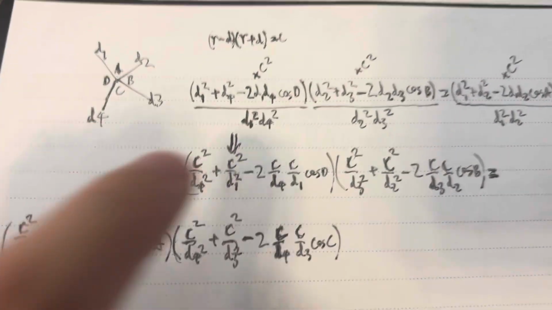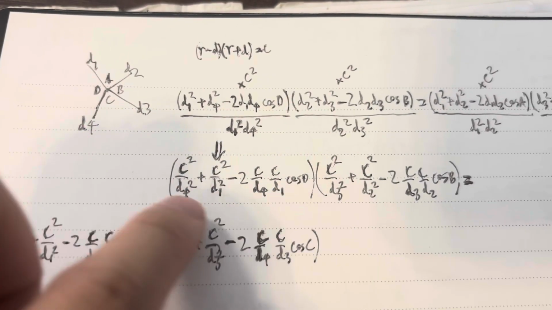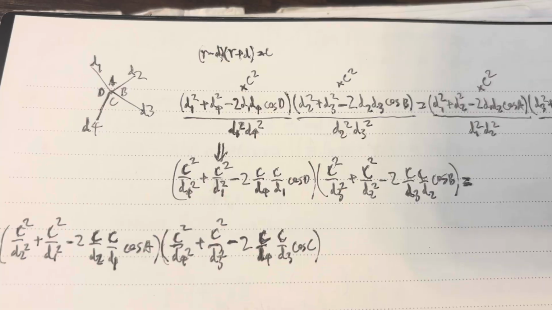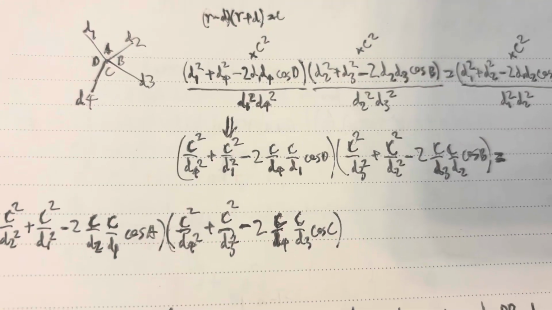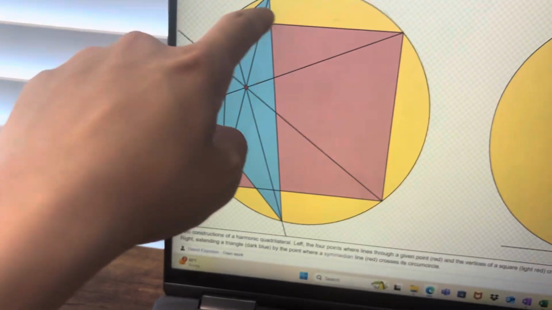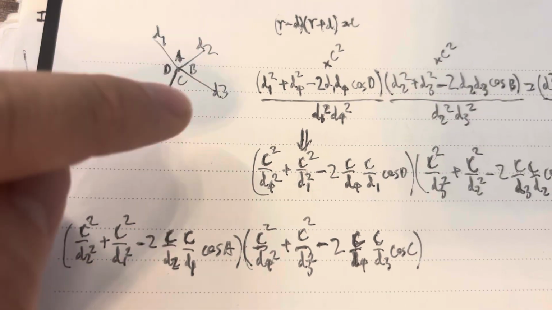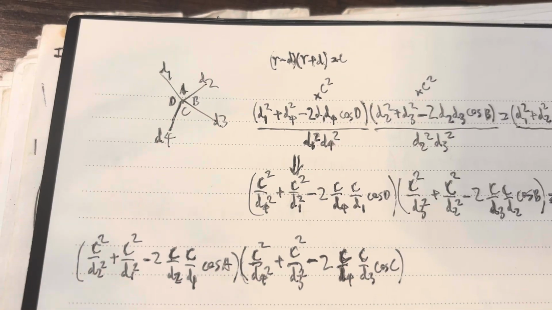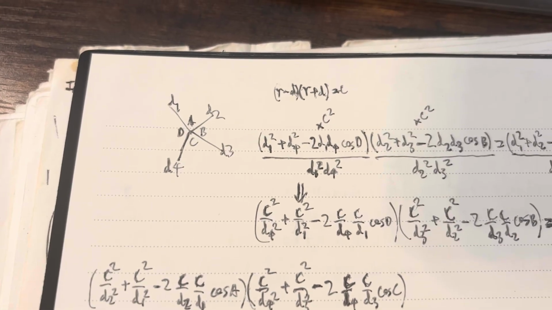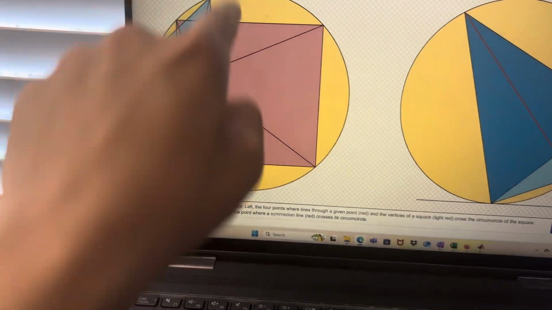So let's just look at the first term. This factor, you notice, is exactly the square of this long blue length, because if I extend lengths d1 and d4 to cut the circumcircle again, I will create this right blue length.